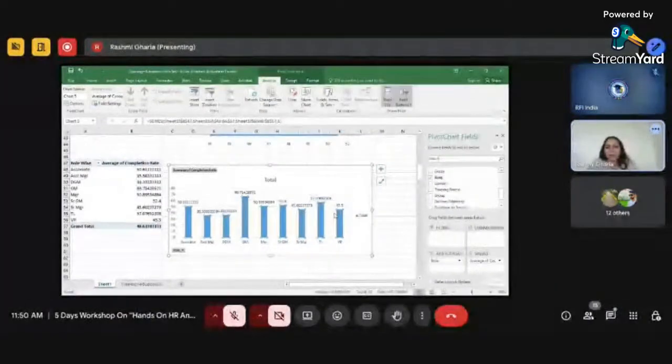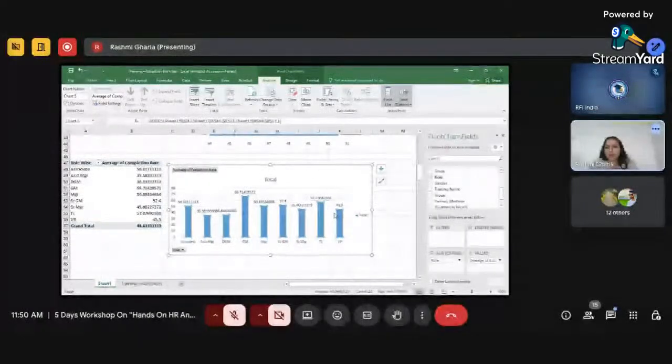Right? I hope you got it. Understand one thing, whatever insights you are getting will be a part of your report, right? And based on that, you will plan a specific strategy for different categories of people. I hope you got my point.